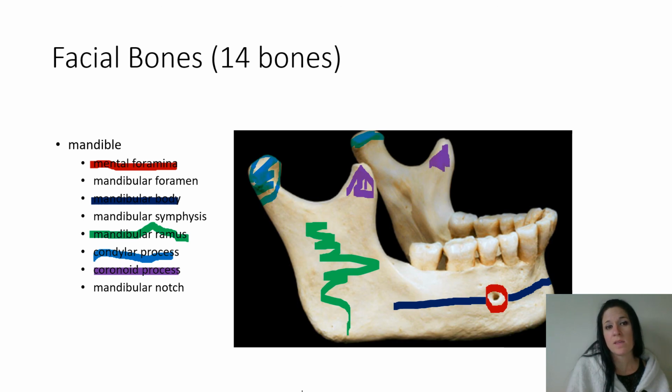Okay, so you'll see that we have 3 more structures. The mandibular notch is going to be this U-shaped structure between the coronoid and condylar process. So we can see right here, this indentation, this is the mandibular notch.